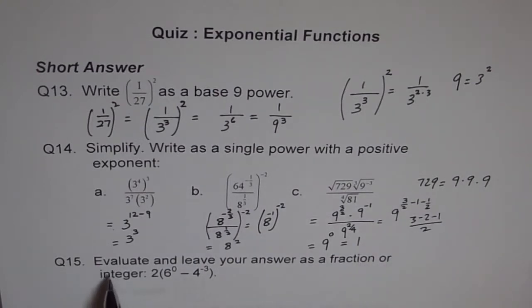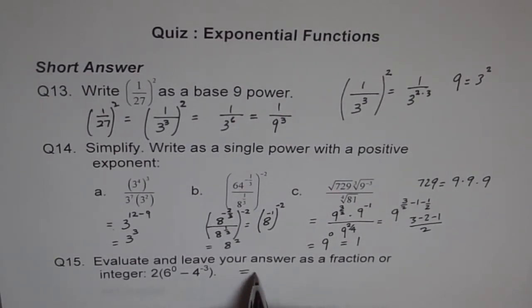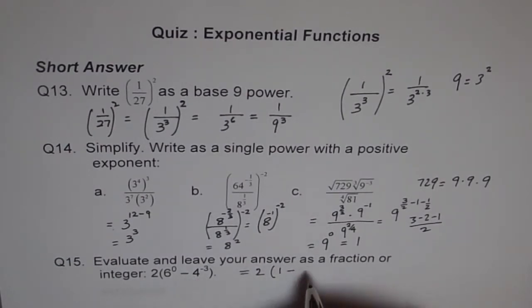Now here, evaluate and leave your answer as a fraction or integer. Now here, we know this is equal to 2, and anything to the power of 0 is 1, minus 4 to the power of minus 3. So 1 over 4 cube. So 4 cube is 4 times 4 times 4. Is that okay? Let's open the bracket. If you open the bracket, we get 2 minus 2 over this.